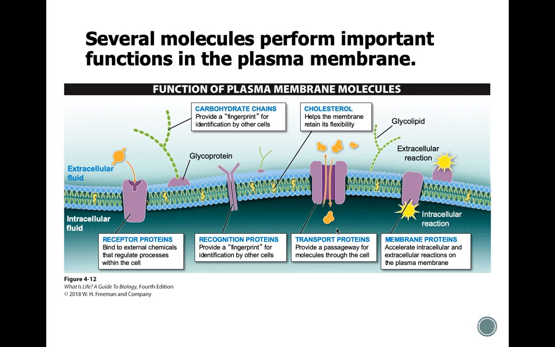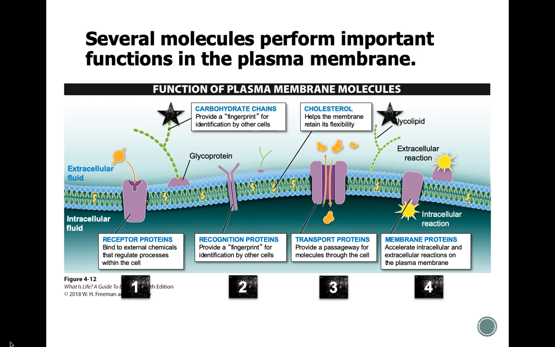So finally, we have enzymatic proteins. These are the ones that are going to help accelerate chemical reactions on the cell's surface. There are a variety of different types of enzyme proteins. Some help reactions on the inside, some help reactions on the outside. So just a quick recap then.